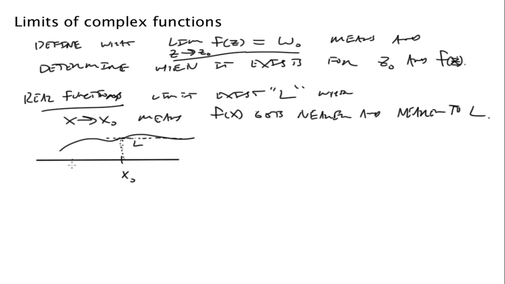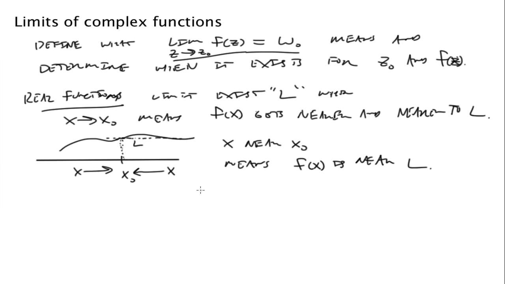And then if I take x going towards it from any direction, left or right, it should be that f of x gets nearer and nearer to L. So we can write that as x near x naught means f of x is near L.